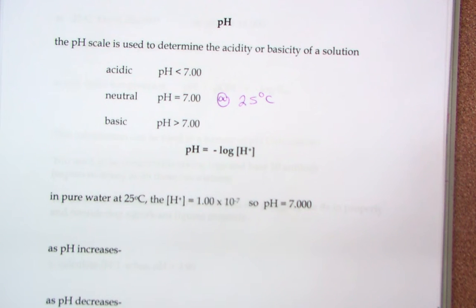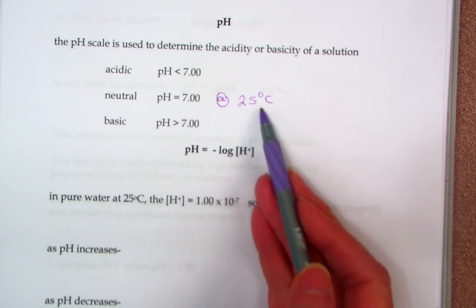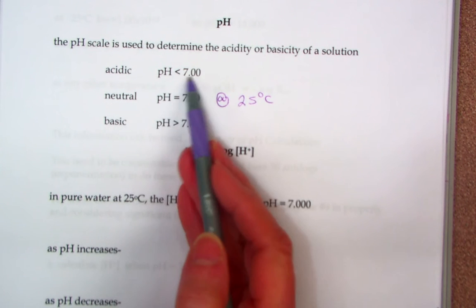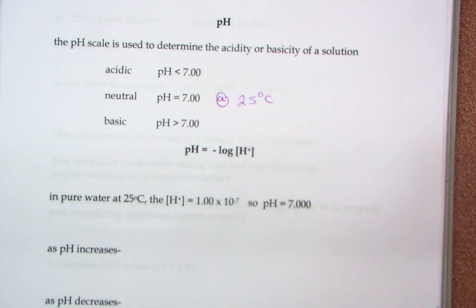If you're at 60 degrees C, the pH of water is not 7. It's like 6.98, because we're going to find out it's related to the Kw value. But this is only at 25 degrees. So acidic, we're less than 7, and basic, we're greater than 7.